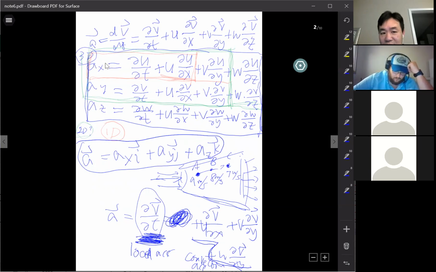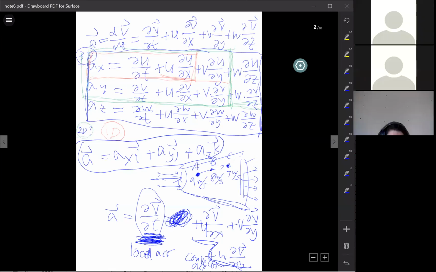Acceleration is a vector, so just like velocity, it has three components, ax, ay, and az, if it's three-dimensional. Velocity has three components, right? By convention, the velocity components are u, v, w, representing the x, y, z components.